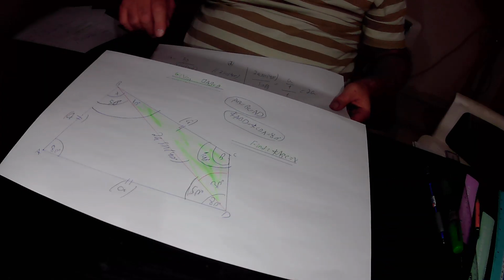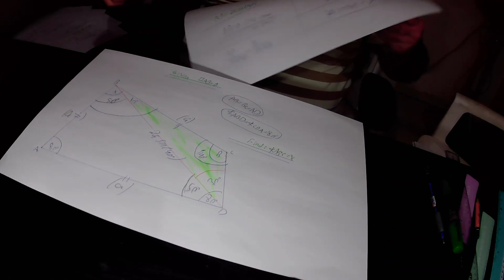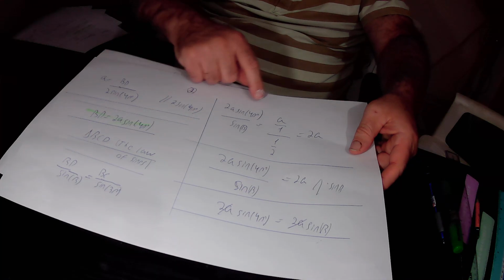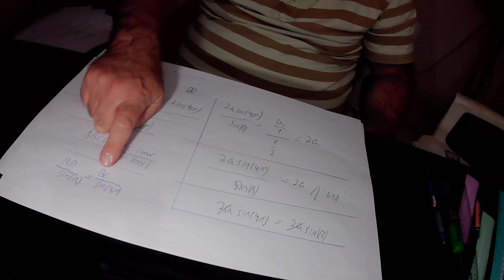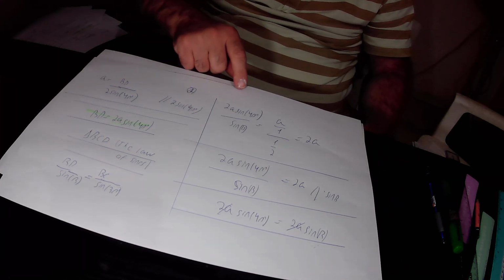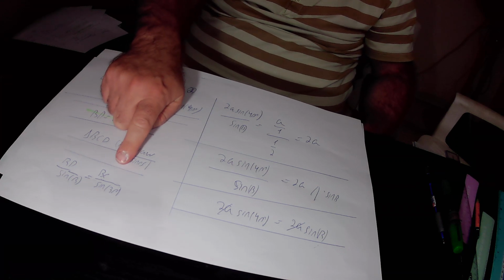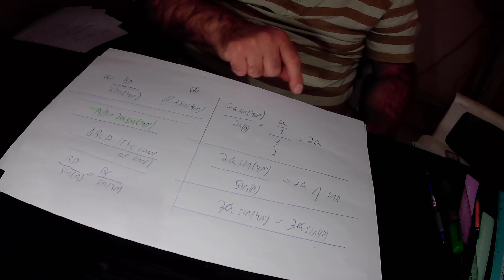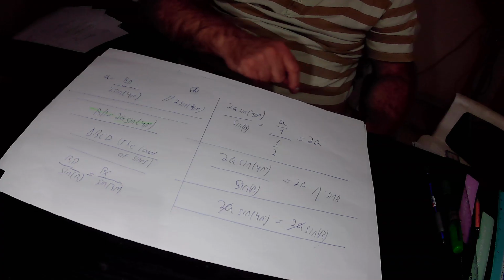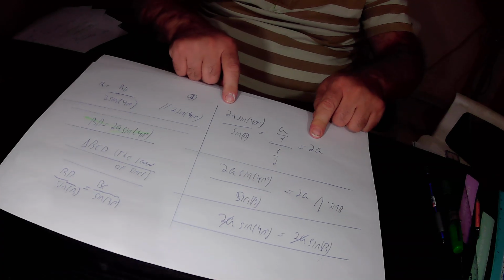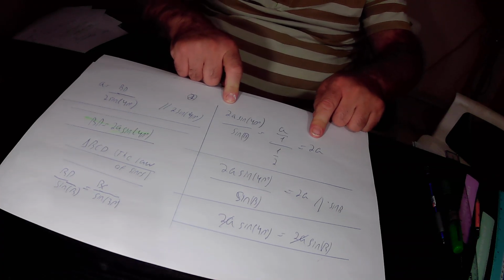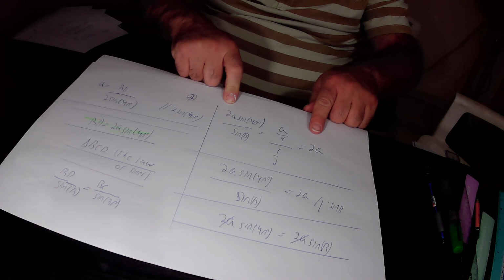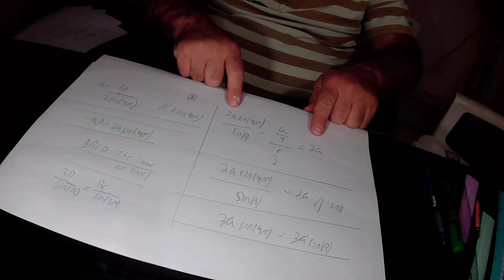According to our definition, BC equals A, so we substitute BC by A over sine 40 degrees. Sine 40 degrees is 1/2, so A over 1/2 is 2A. So in total we found that 2A times sine 40 degrees over sine beta equals 2A.